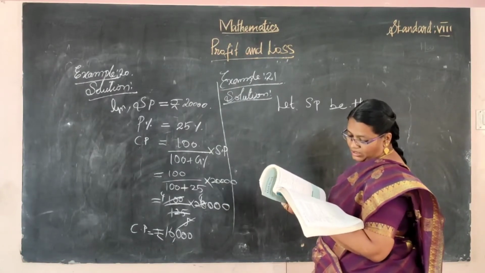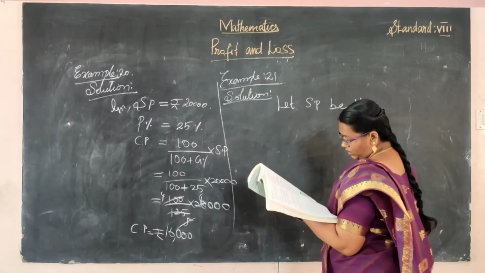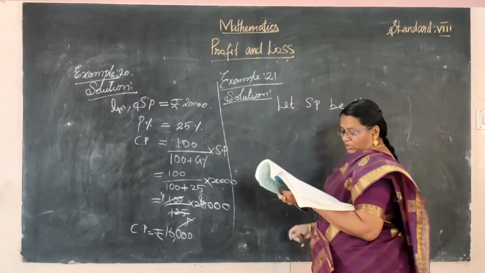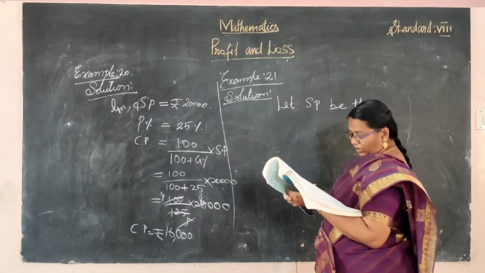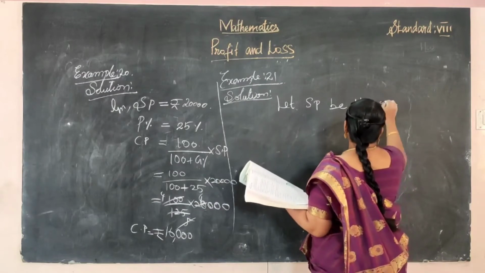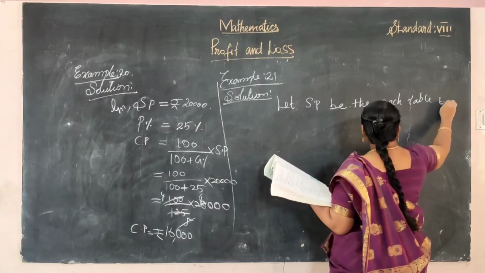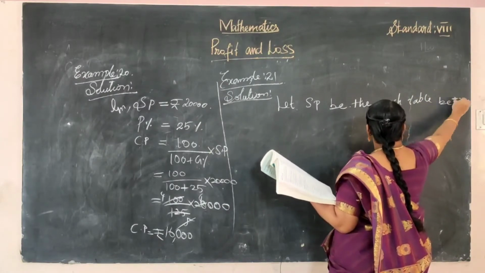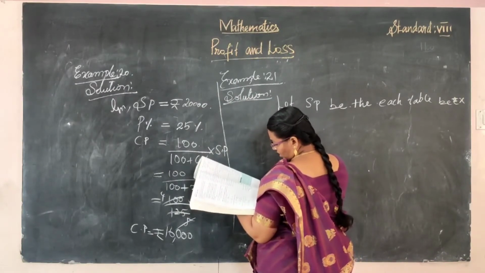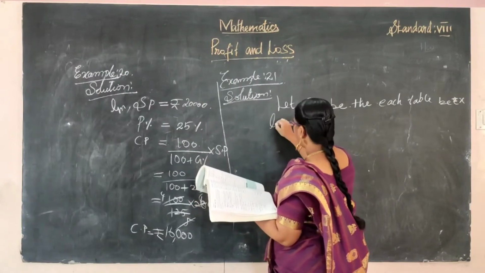If the cost price of 25 tables is equal to the selling price of 30 tables, the amount for 25 tables is equal to the amount for 30 tables. So let the SP of each table be rupees x. What data is given?